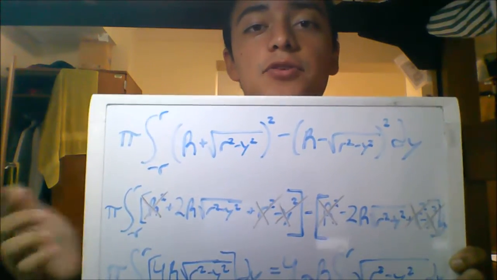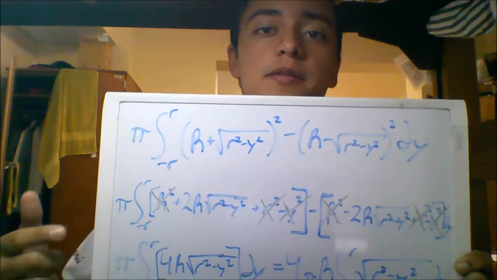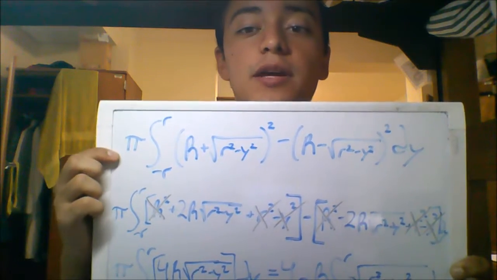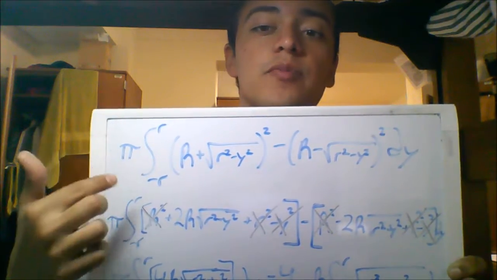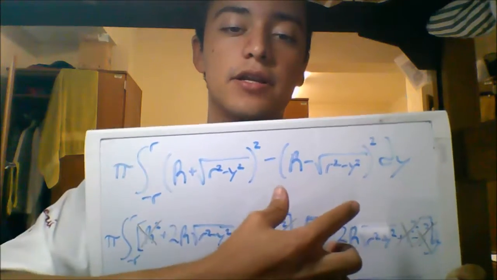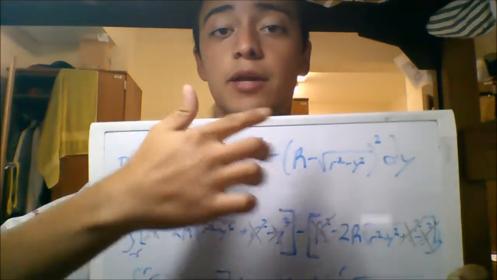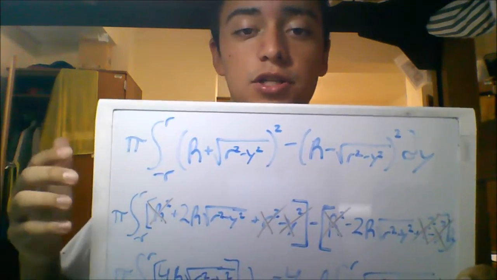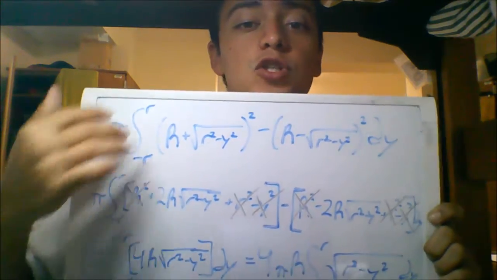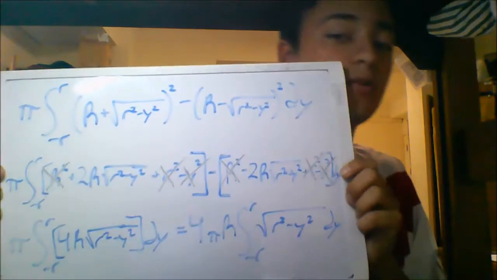So now we have the integral for using the washer method to find the volume of a torus. We're going to begin with pi times the integral from negative r to r of the outer radius minus the inner radius, and we're going to square each one, of course, because that's part of the equation. Our first step is to distribute everything and cancel out some of the values.